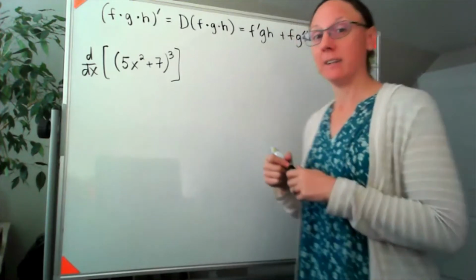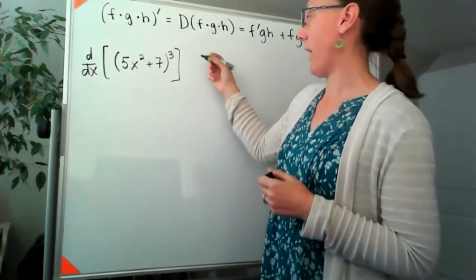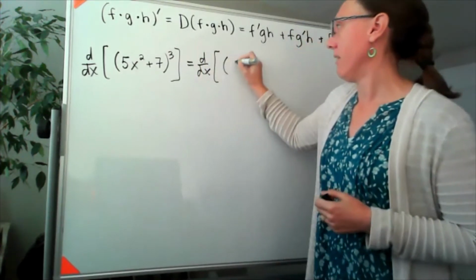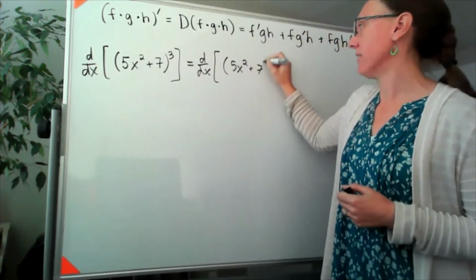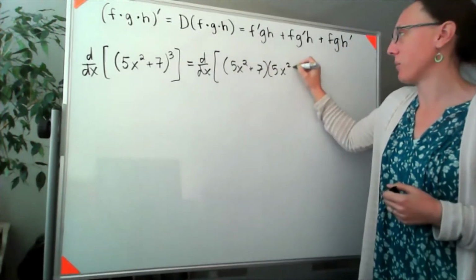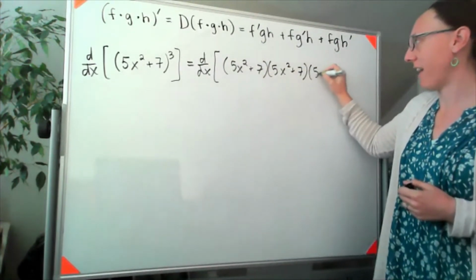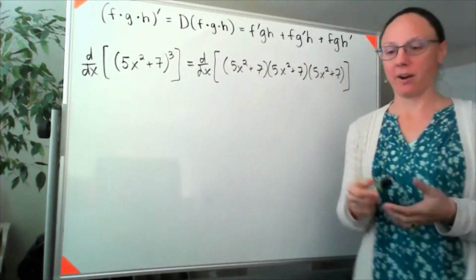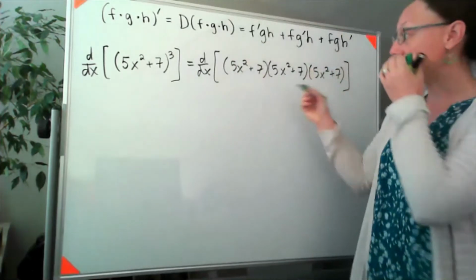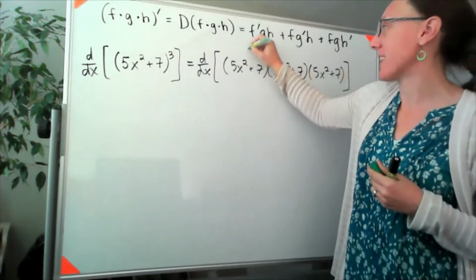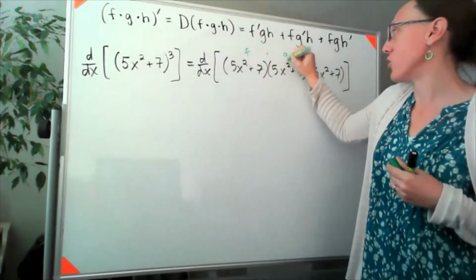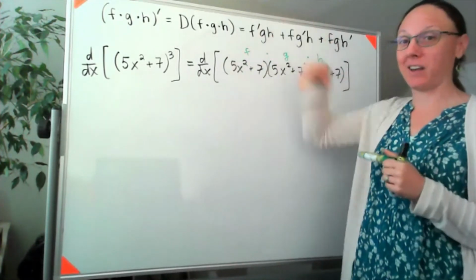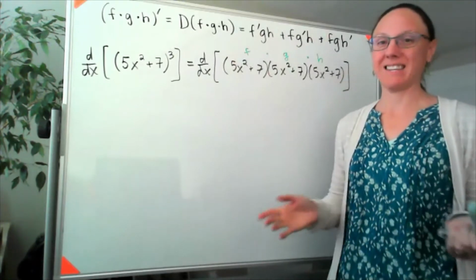Another option is to write it that same way, 5x squared plus 7 times 5x squared plus 7 times 5x squared plus 7, but apply the triple product rule. So if I think about this as an F times G times H, I'm going to go ahead and apply the triple product rule to this and see what happens.